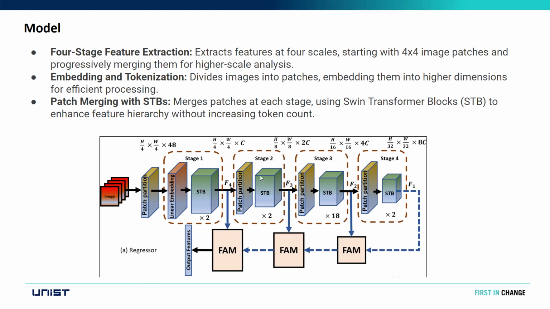And on the second stage, they also try to divide it into 8, and they increase the number of channels. And on each stage, they just increase the number of channels, and they divide the image into multiple patches. So the idea is, on stage 1, this Swin transformer will capture the low resolution and high features relationship between the image.